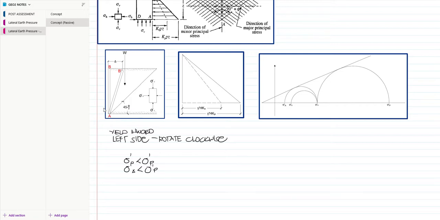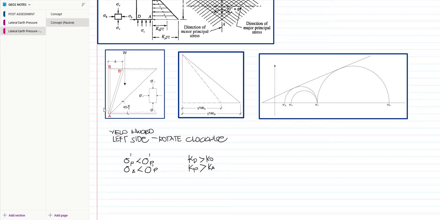So, the tendencies for the at-rest earth coefficient, the active earth coefficient, and the passive coefficient will be this one. So, we can say now that our K sub P is greater than K sub O and is also greater than K sub A.